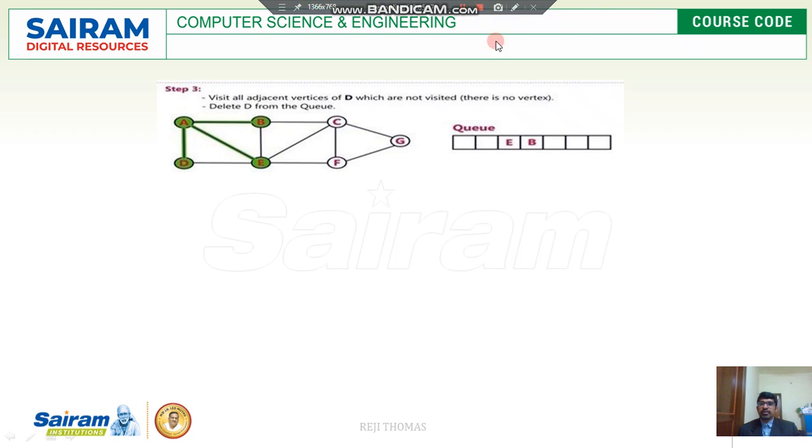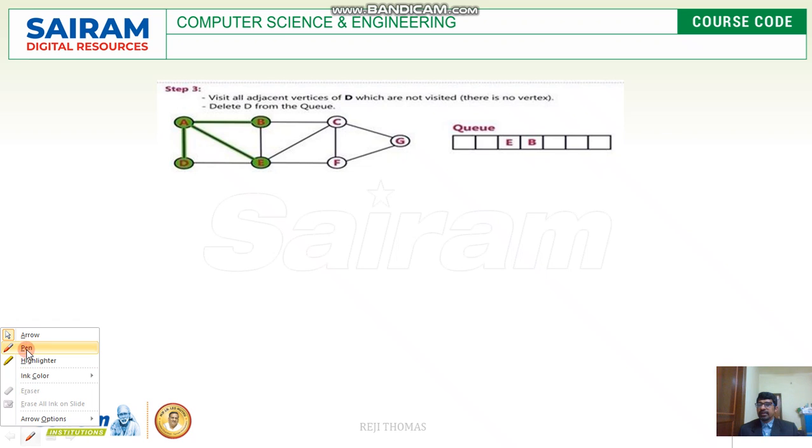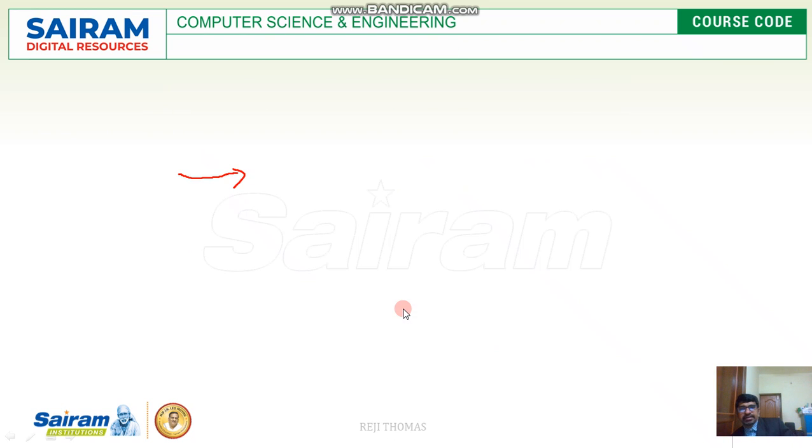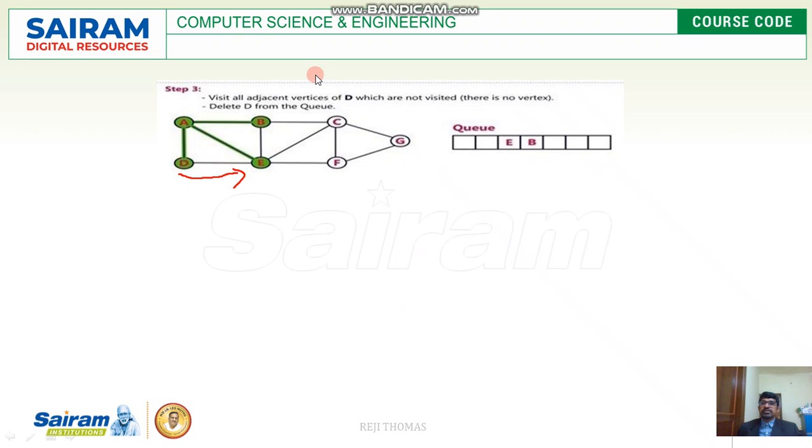For D, you have to find the adjacent vertices. D has a single vertex E, but E has already been inserted, so I need not do it. Visit all adjacent vertices of D which are not visited.